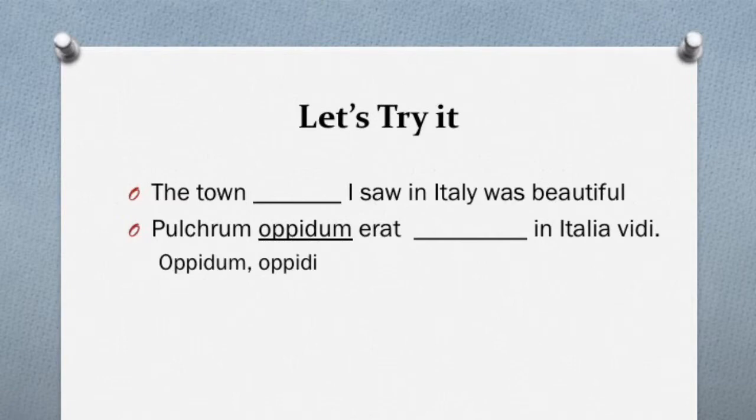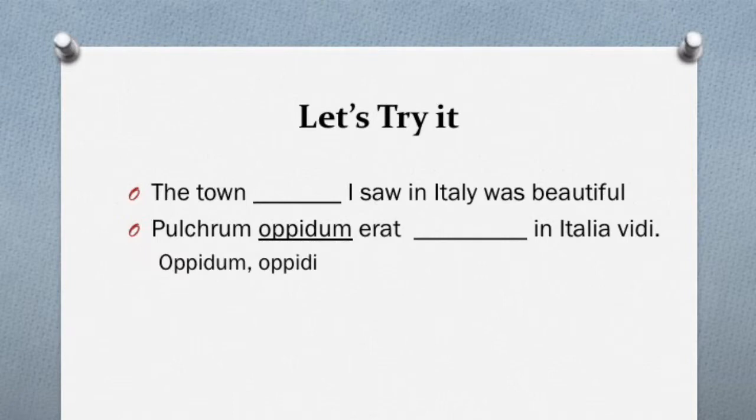Now remember that in order to decide whether we should use who, whom, whose, or which, or what Latin form or case of the pronoun we need to use, we have to think about the relative clause itself. Who, whose, whom, or which I saw in Italy is my relative clause.